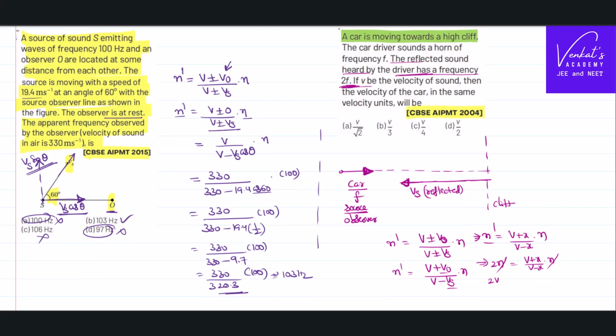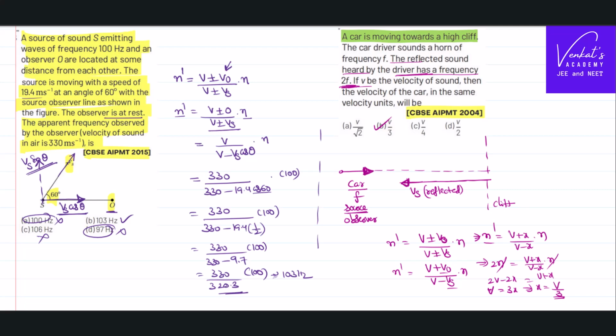By cross multiplying, 2V minus 2X equals V plus X. 2V minus V equals 3X. That implies X equals V by 3. So the velocity of the car, that is both observer and source, has to be 1/3 of the velocity of the sound.